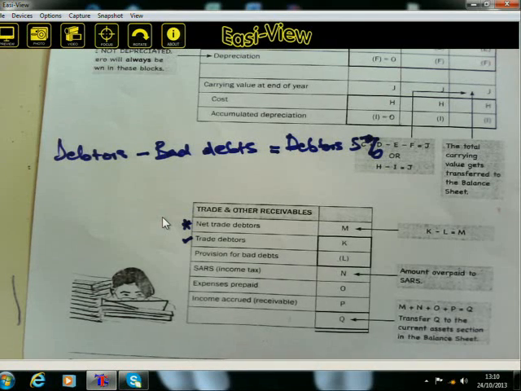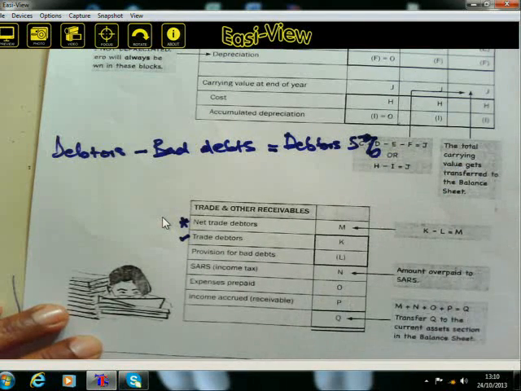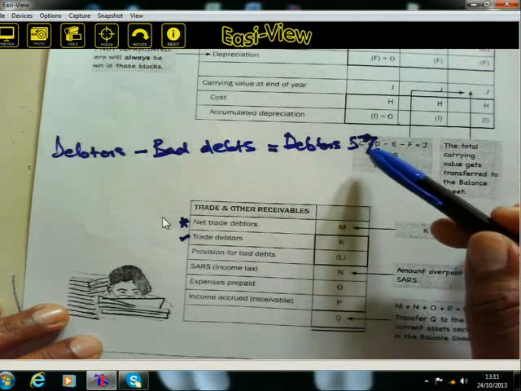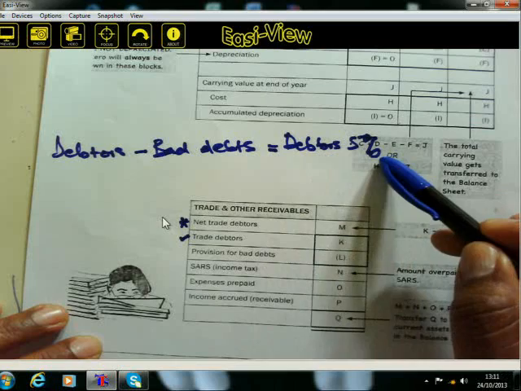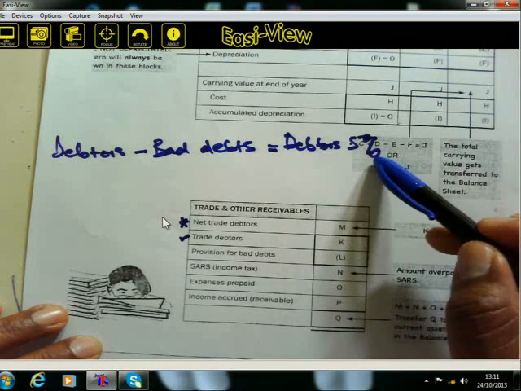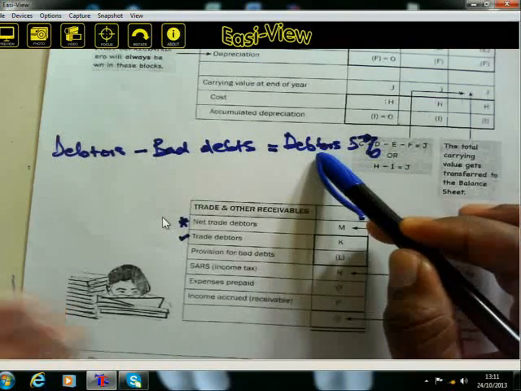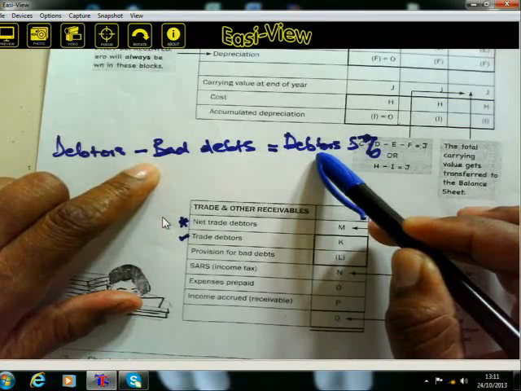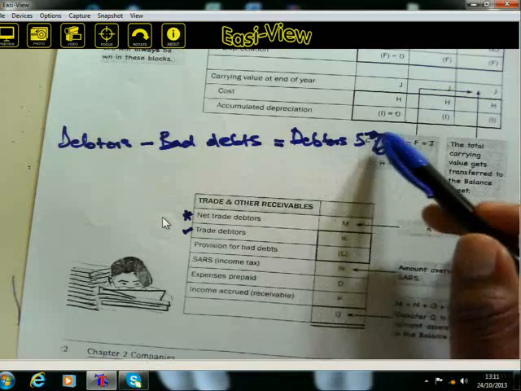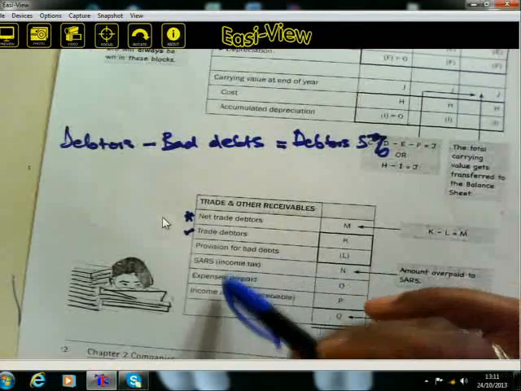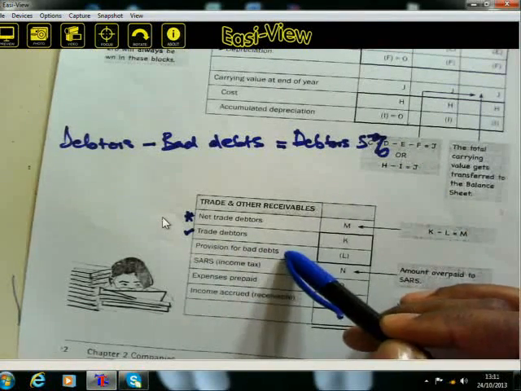Some adjustments don't require you to calculate the 5%. But if you are requested to calculate the 5%, what you are supposed to do, you take the debtors after considering the subtraction of bad debts, and then you multiply the debtors with that 5% to get the amount of provision for bad debts.